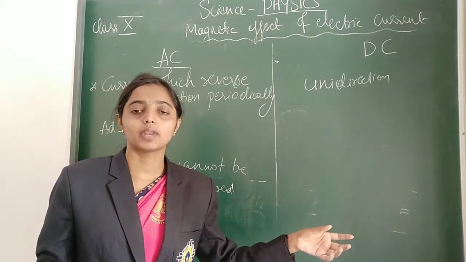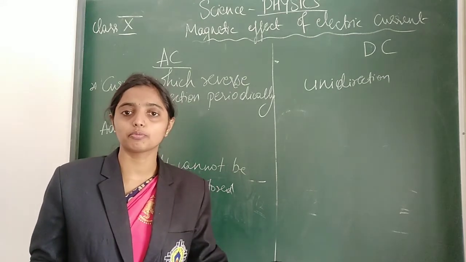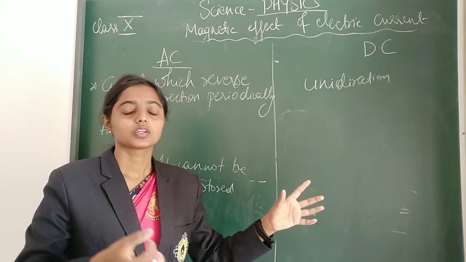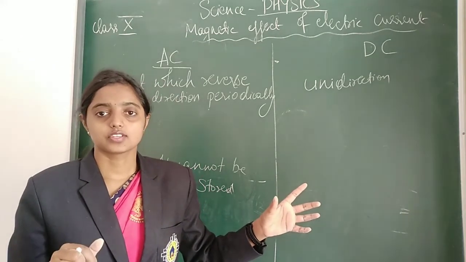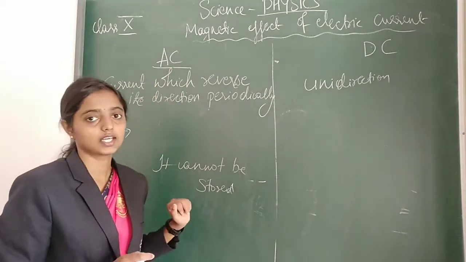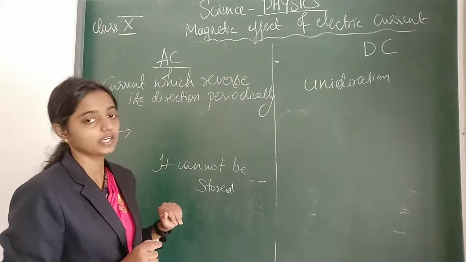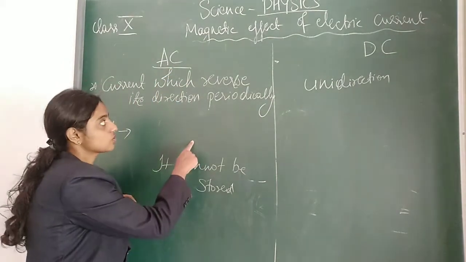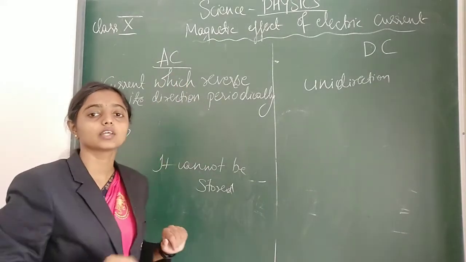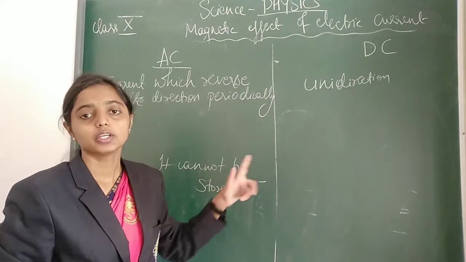We have biogas power plant, next wind power plant, right? Almost all the power plants are used to produce electricity, and there we use alternate current. So the sources of AC are the alternate current generator and power plants.